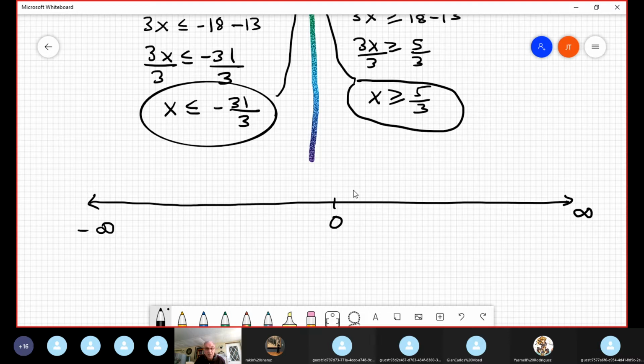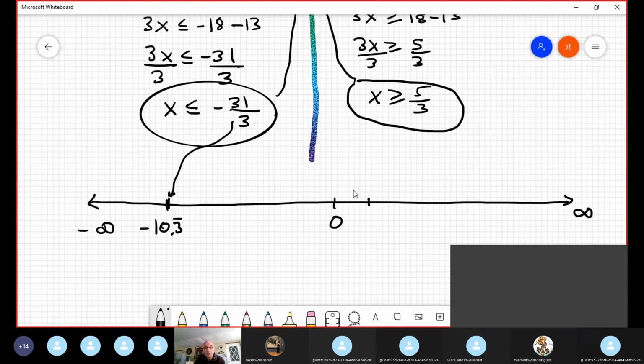But it's negative, no? Negative 10.3 repeated. This is this guy. And 5 over 3, I put in my calculator, 5 divided by 3 is 1.6. So it's 1 here. 1.6 repeated, yes.